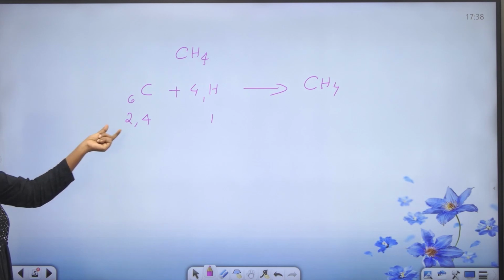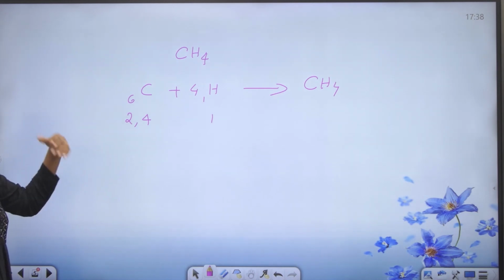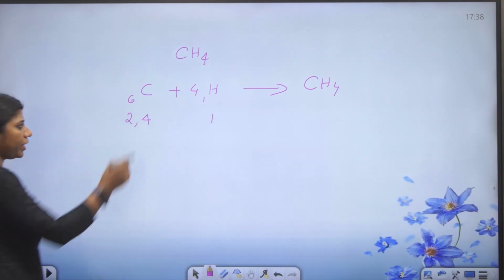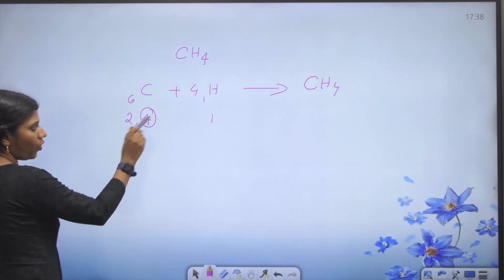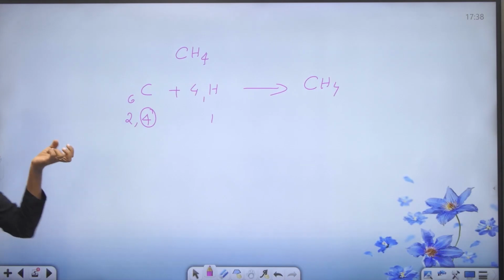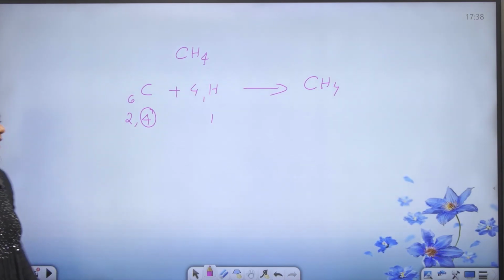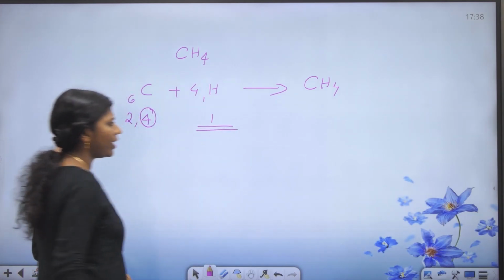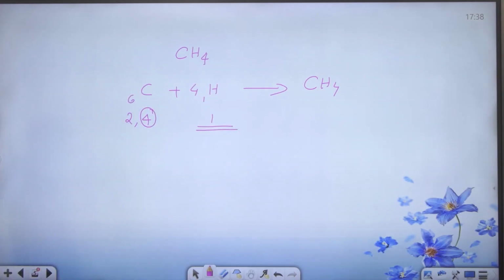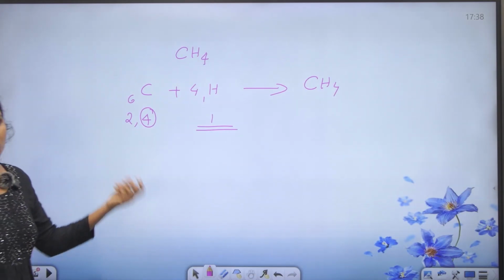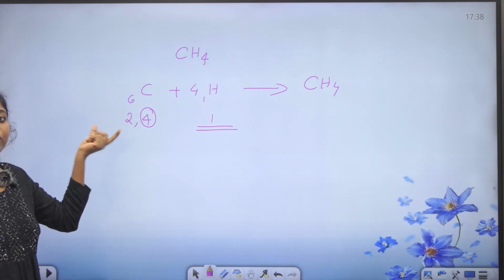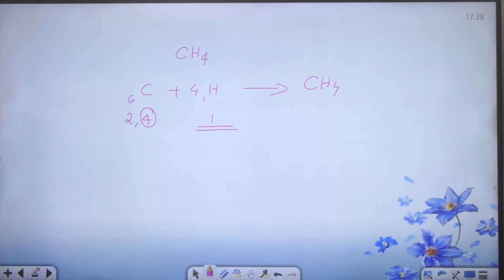Carbon requires 4 more electrons to complete its octet. 4 plus 4 is 8. But hydrogen requires only 1 electron because hydrogen has only one shell, the K shell, and the maximum number of electrons in the K shell is only 2. So hydrogen requires only 1 more electron, but carbon requires 4 more.